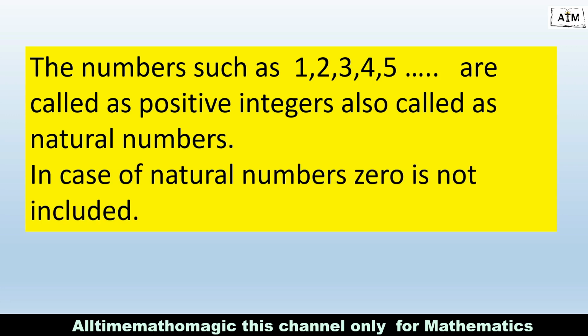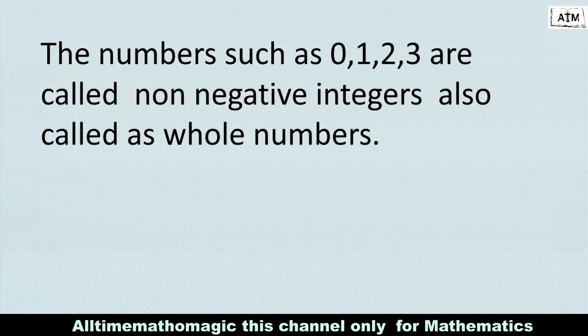Thus, in natural numbers, 0 is not included. If 0 is included, then the numbers 0, 1, 2, 3, 4, etc. belong to the category of whole numbers.